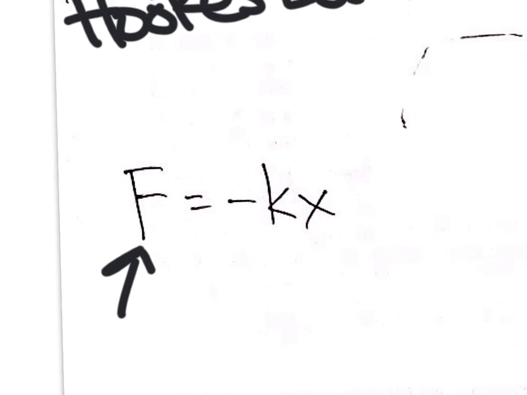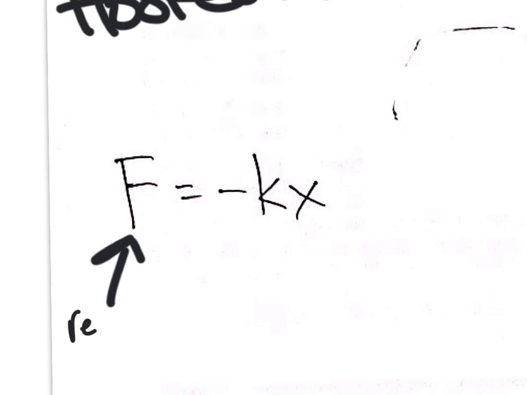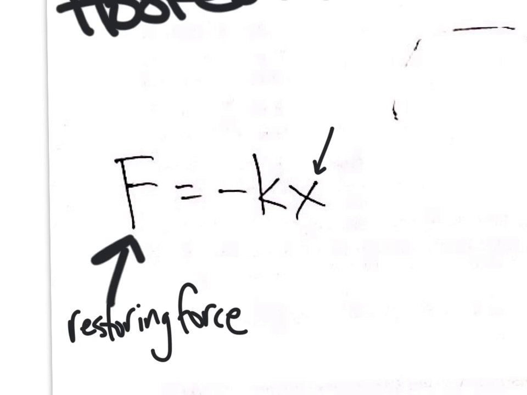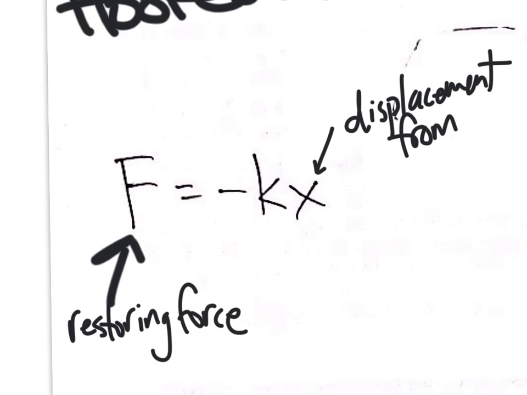Let's zoom in here. We call this the restoring force, and that's the force that brings the mass back to equilibrium, the force that brings it back to its resting position. This x, we're used to using that for displacement, so this is displacement from equilibrium, or position, distance, so the distance away from its resting place.